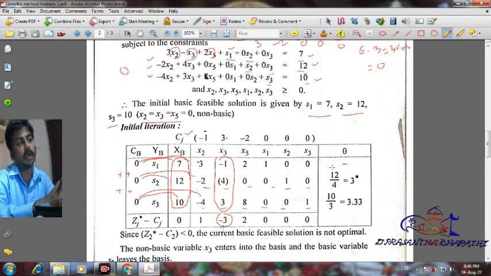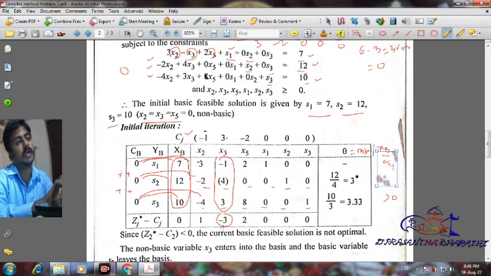After that we want to find theta equal to the minimum of xb divided by aij, such that aij is always positive. aij is always greater than 0.